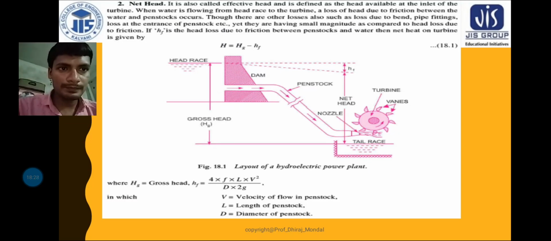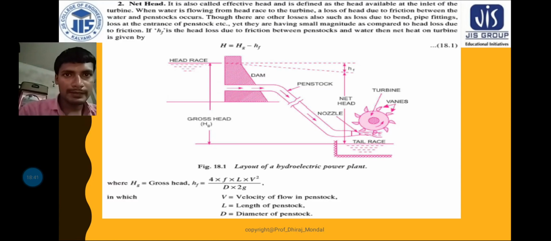When the water is allowed to move and strikes the turbine blade, the runner is rotating and we are getting runner power. After that, when the runner is rotating, at the same time the shaft is rotating, and then we will get the shaft power.